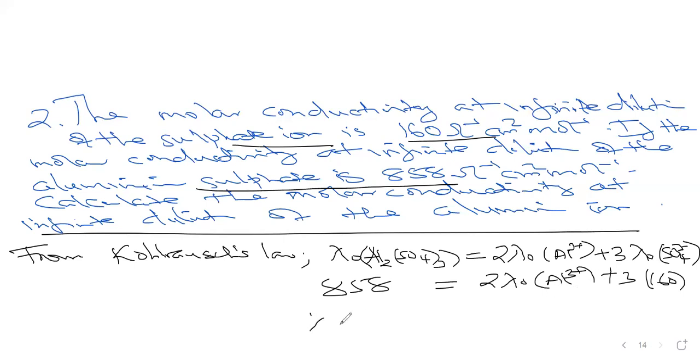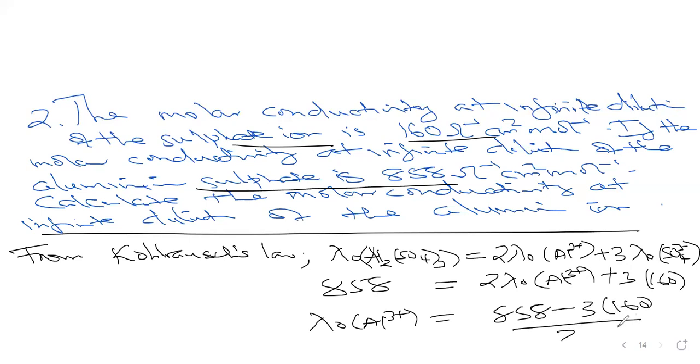So the molar conductivity at infinite dilution of the aluminum ion will obviously be 858 minus 3 times 160, divided by 2. And your answer from that will be 189 per ohm centimeters squared per mole.